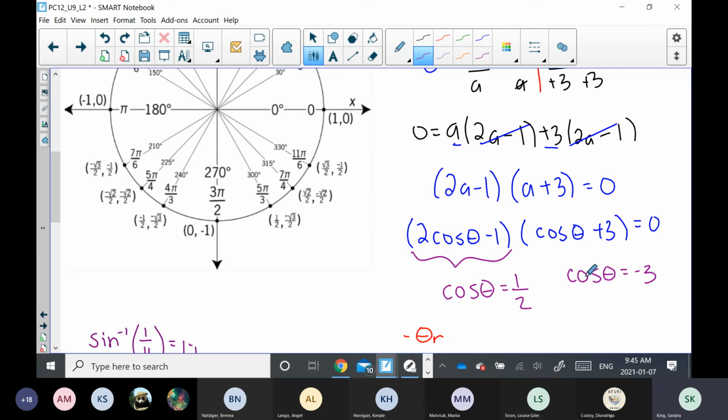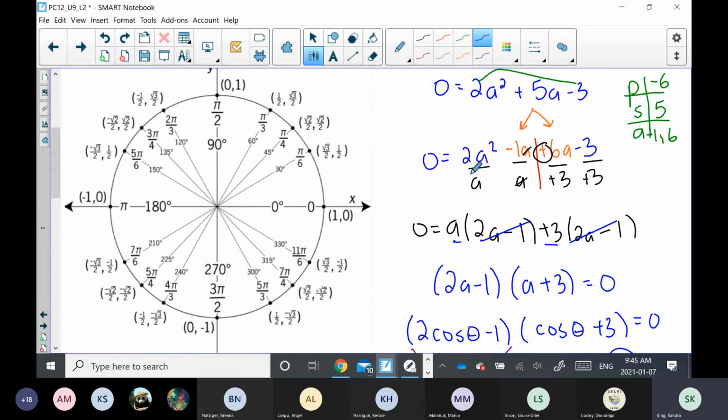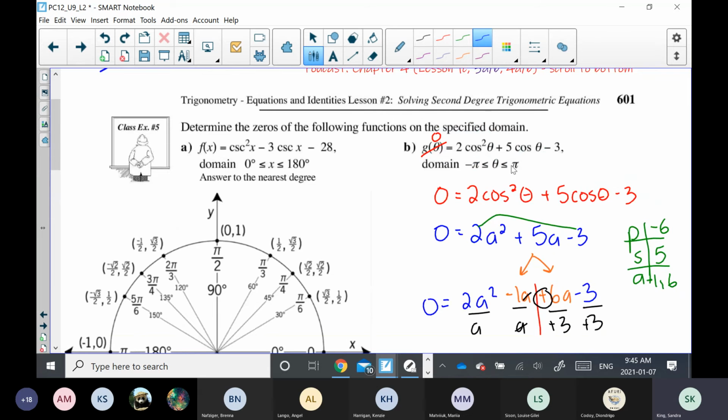Okay, where I want to start is with this one. So you say to yourself, okay, -3, well, that's not a nice number that I know of on my unit circle. So I'm going to figure out what the reference angle is, and something's going to happen on your calculator when you type this in. So the inverse cos of 3 is equal to... And for this one, we are in radian mode.